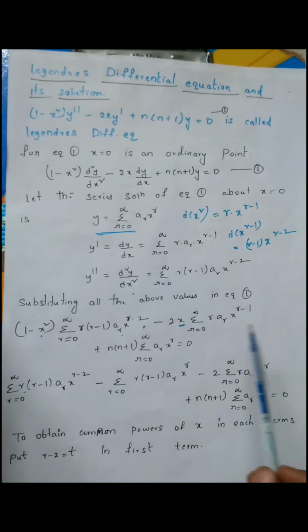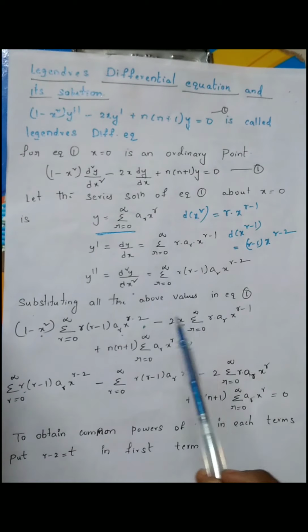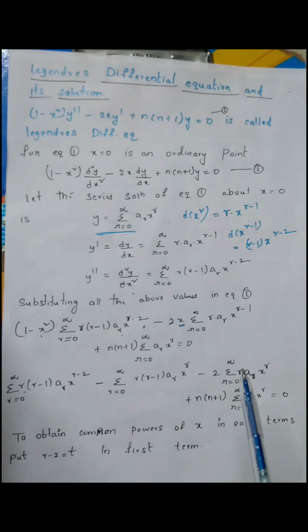Multiplying x into x power r minus 1, minus 1 plus 1 gets cancelled and this term changes as 2 into sigma r is equal to 0 to infinity r a r x power r. No simplification is needed in this term, so we write it as n(n plus 1) into sigma r is equal to 0 to infinity a r x power r is equal to 0.